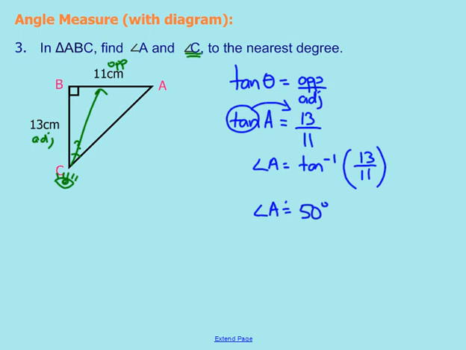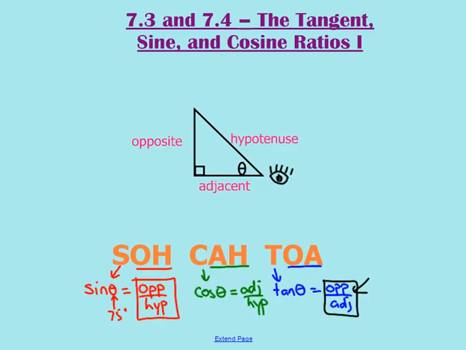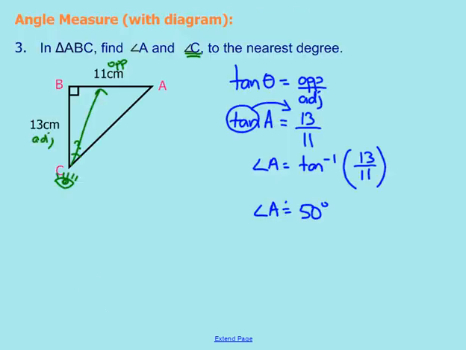Okay, so we're going to go back to the first slide and see, well, what uses opposite and adjacent? Isn't that this one again? Opposite and adjacent? So we're using tan again. All right, tan theta is opposite over adjacent.